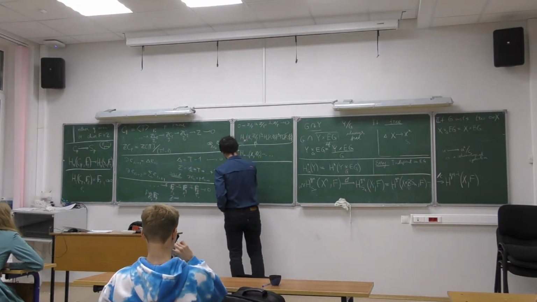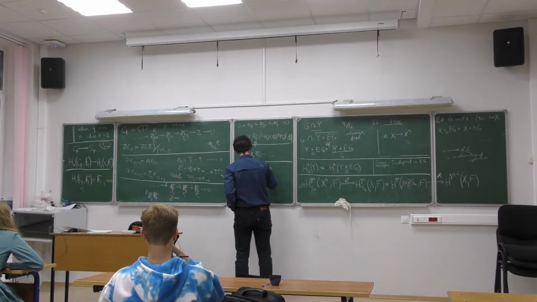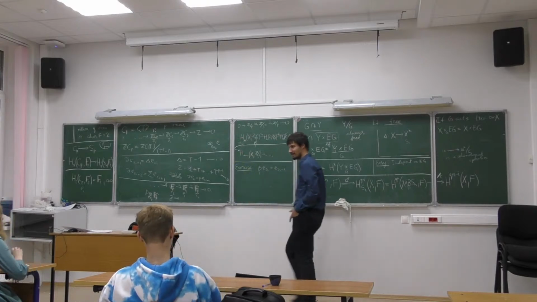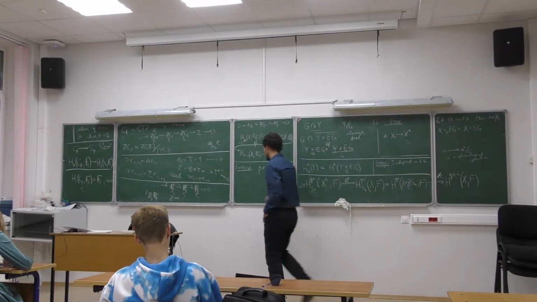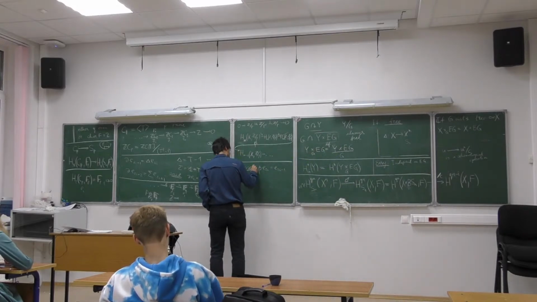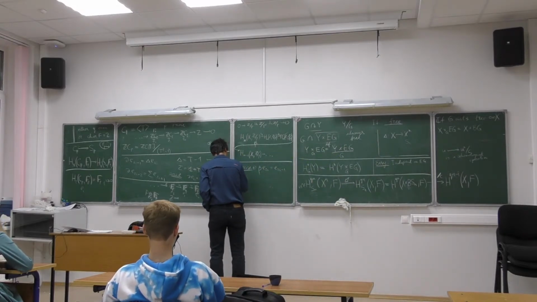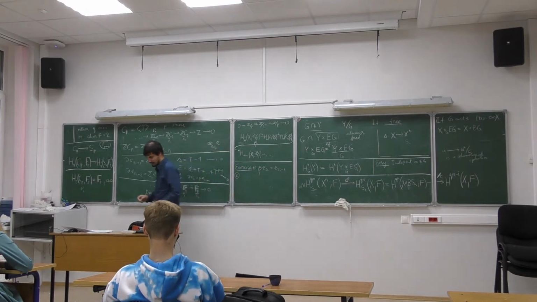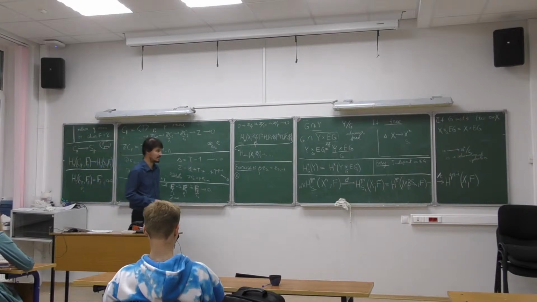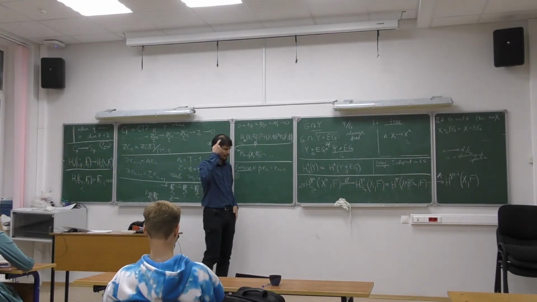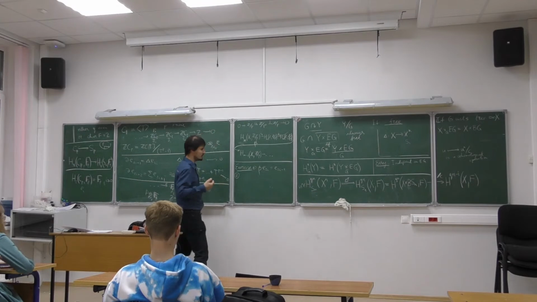Let it be an exercise that the Bockstein homomorphism of e_i is e_{i-1}. This is an easy exercise. But what is not so easy, but still I want to leave it as an exercise, is the following.